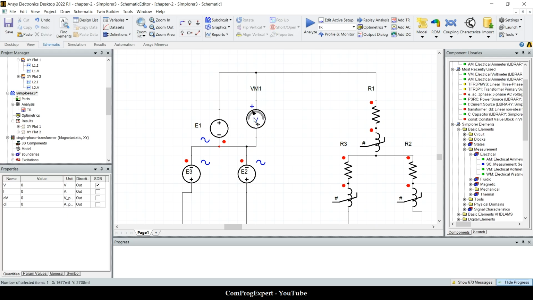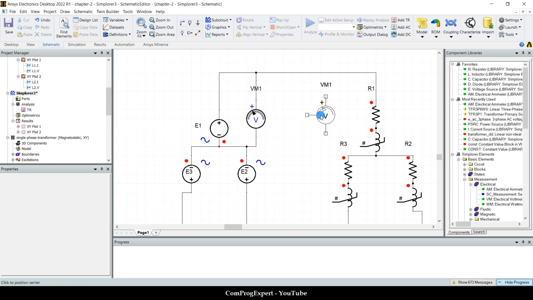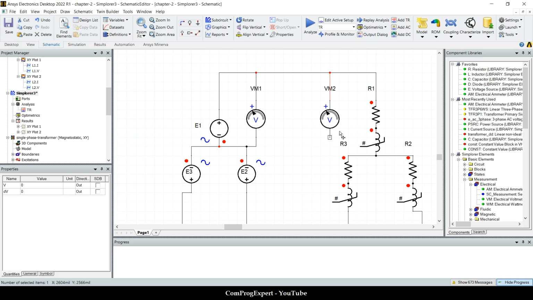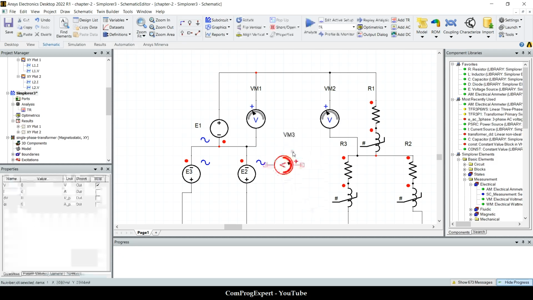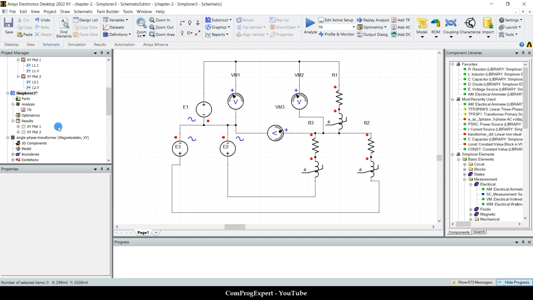So this is sinusoidal, Vm1. This point with respect to the star point is non-sinusoidal. And also let's copy and paste this.